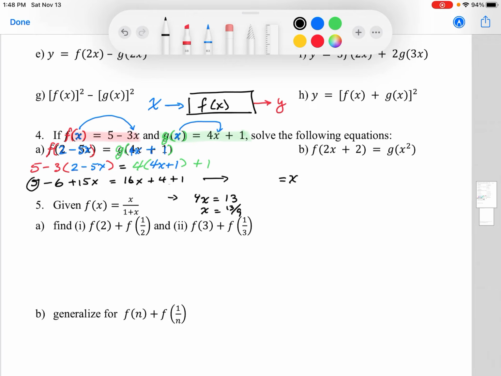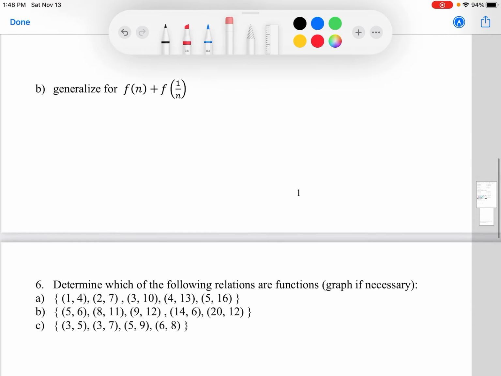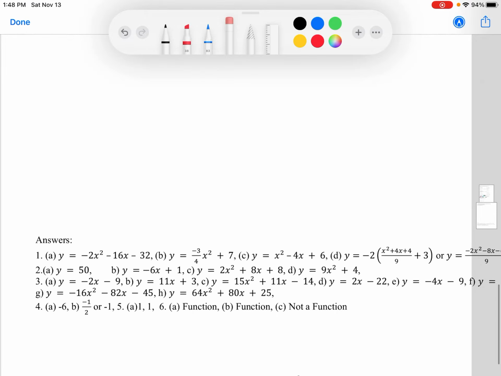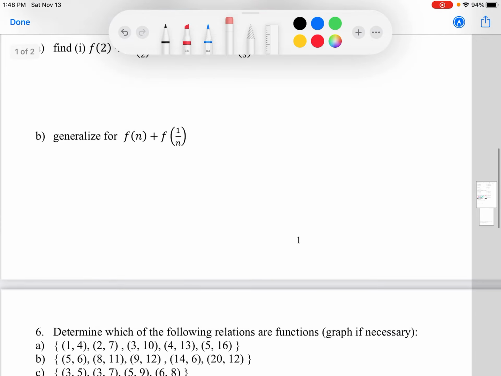So if I take that and that, those are 0 pairs. So it looks like x is equal to -6. Okay. So x is equal to -6. Just checking my answer for 4. Question number 4. X is equal to -6.